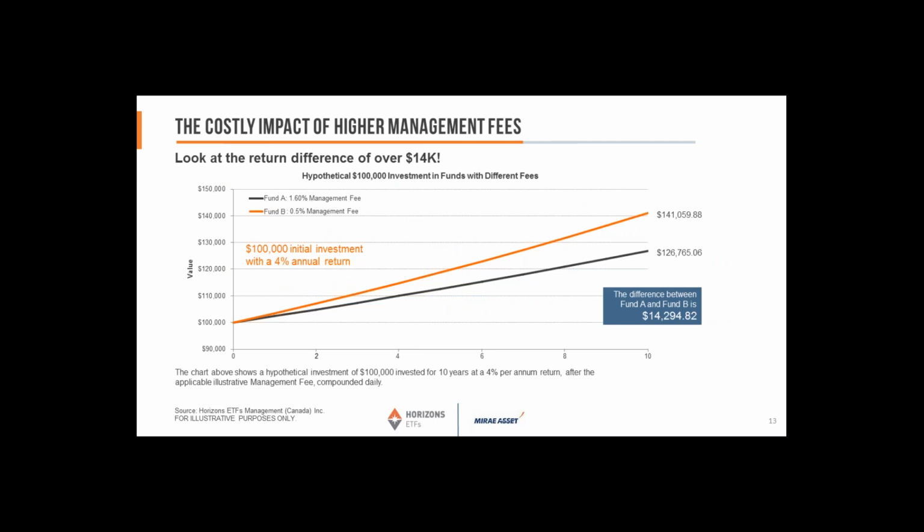Now, one of the reasons that Canadian investors have moved so strongly towards fixed income ETFs is because of the impact of higher management fees. We've moved into an environment where yields have compressed dramatically, and as a result, on a fixed income product where most of the return is the income, fees make a huge difference.